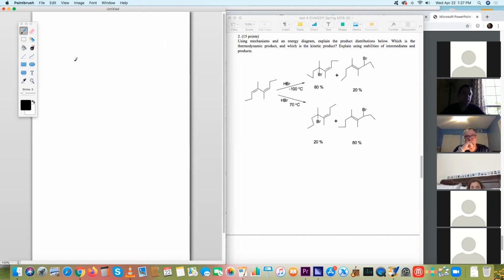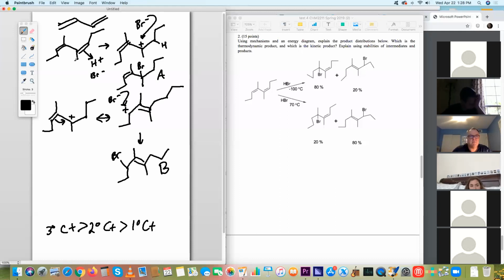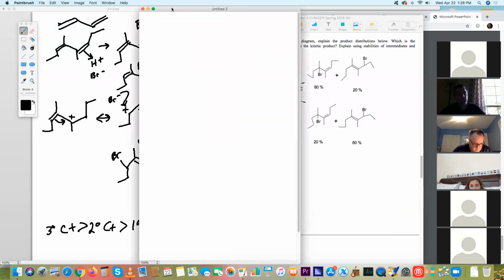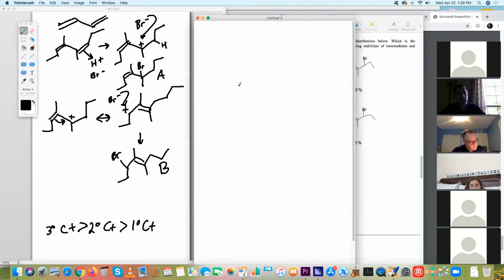So now what we can do is draw an energy diagram to explain why we get one over the other here. I'll leave that up. I'll see if I can open a new one. Yeah, that'll be better. This will help explain it a bit better if I can show them side by side.